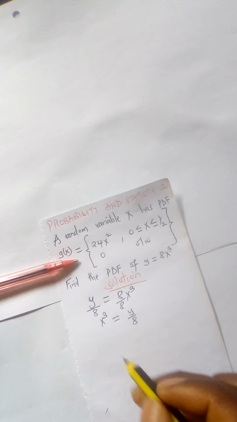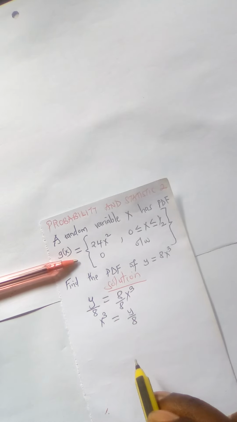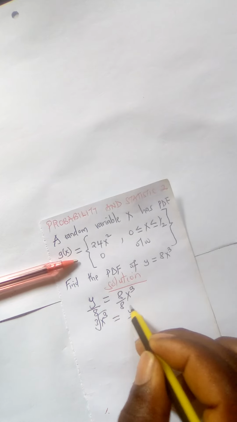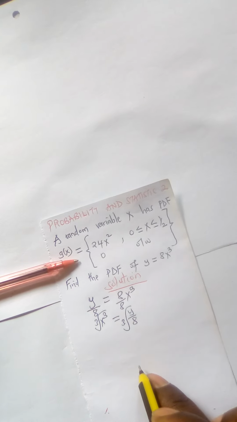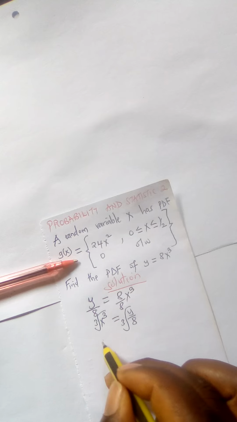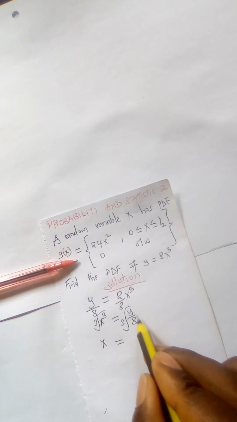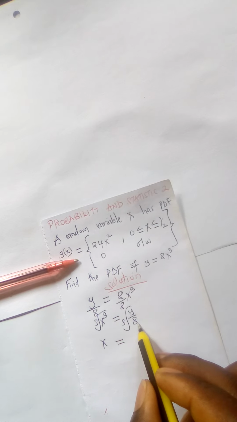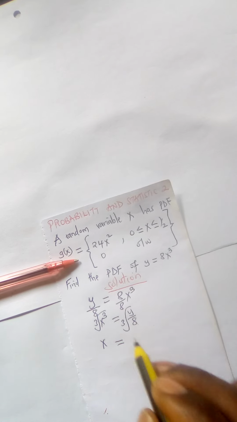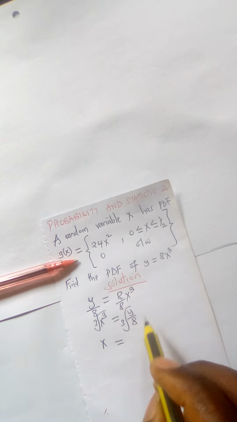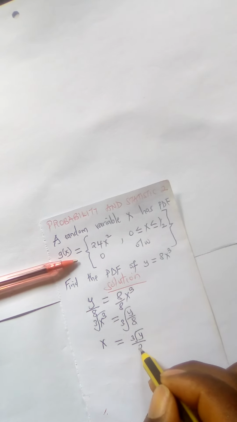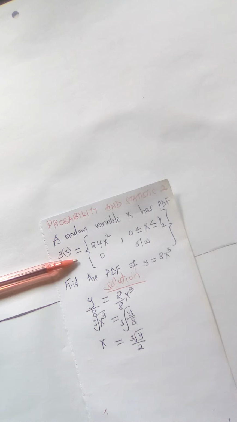Now after that, you can make x remain alone by getting the cube root of the result. You will finalize by having x equals, remember you can get the cube root of 8 because the cube root of 8 is just 2. What you cannot get the cube root of is y, and therefore you will leave it as the cube root of y over 2.